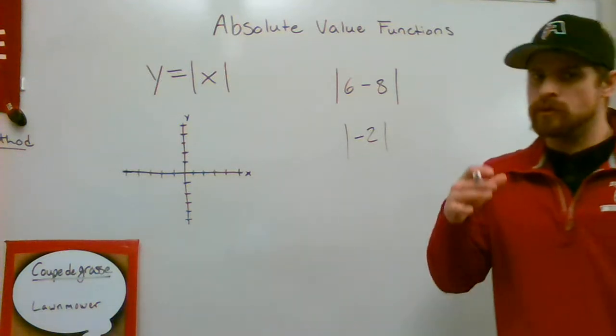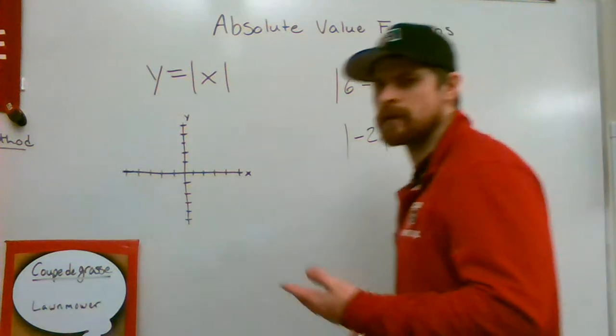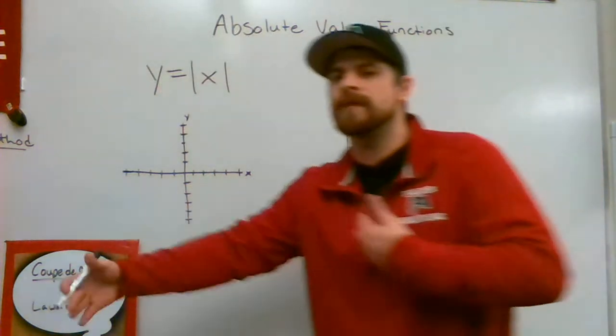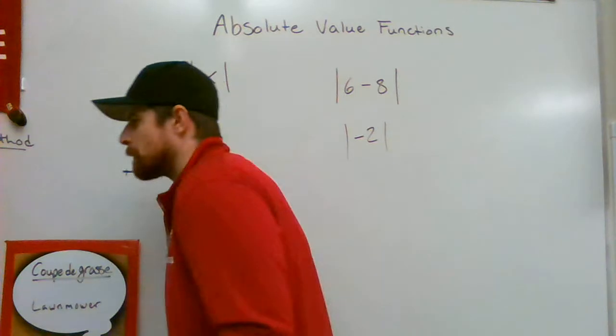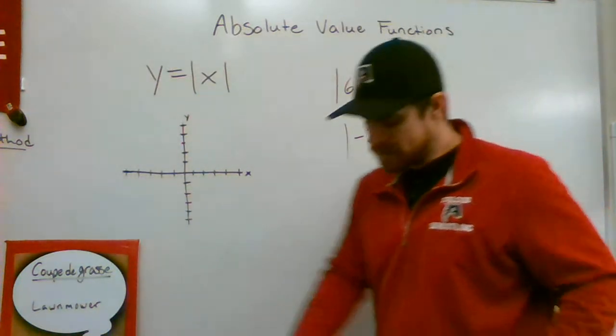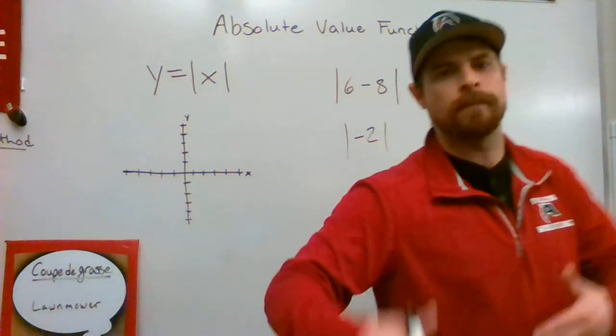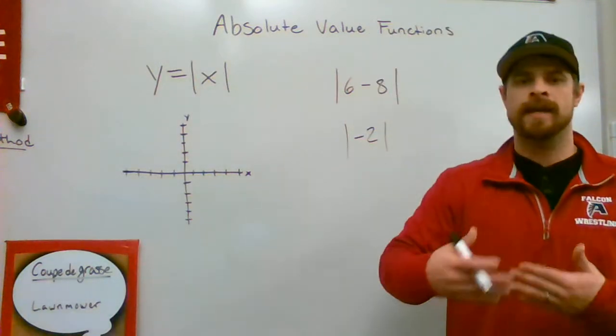Now if you think about distance, you would never say, if I was walking forward, I walked 3 feet forward, but if I was walking backwards, he walked negative 3 feet. The distance I traveled is still a positive distance. Distance cannot be negative. There's no such thing as a negative distance.